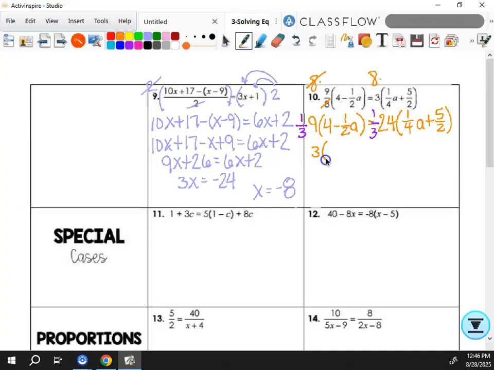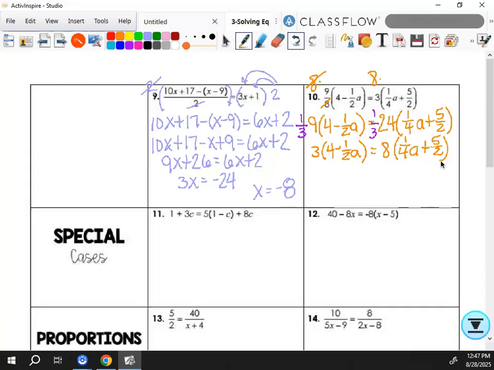So I have a 3 out here times 4 minus 1/2 a equals, and 24 times 1/3? 8 times 1/4 a. Notice how none of that is affecting what's inside my parentheses. That's another really common mistake people make, making stuff up there.